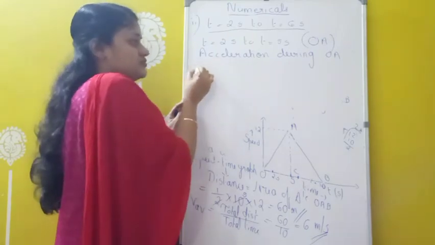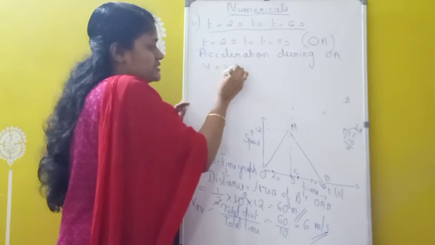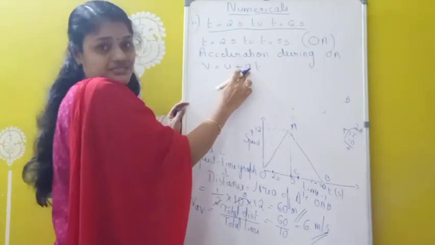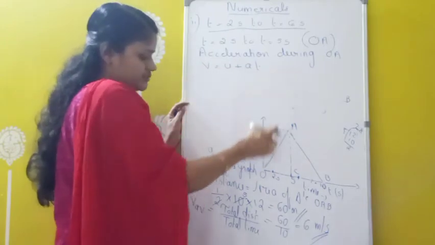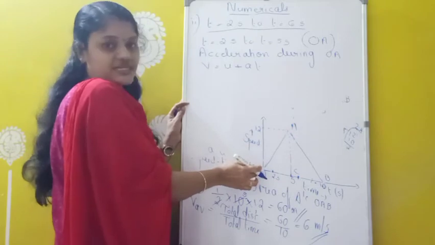The equation I am taking is the first equation of motion, V equals U plus AT, in which we have to find the acceleration A. In the upward journey from O to A, O is the initial point and A is the final point.